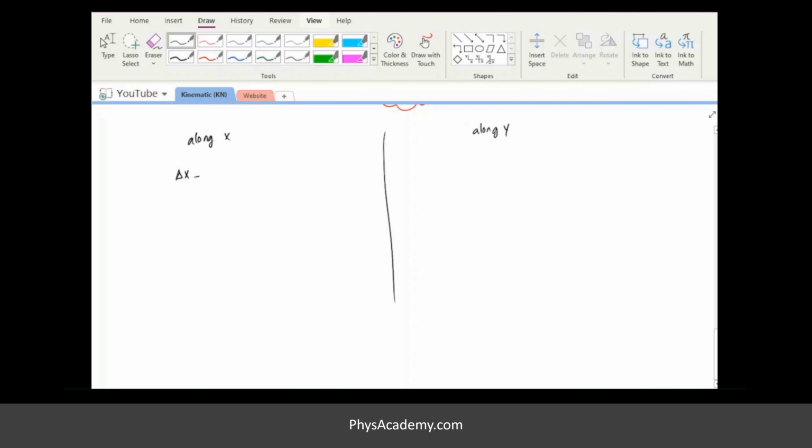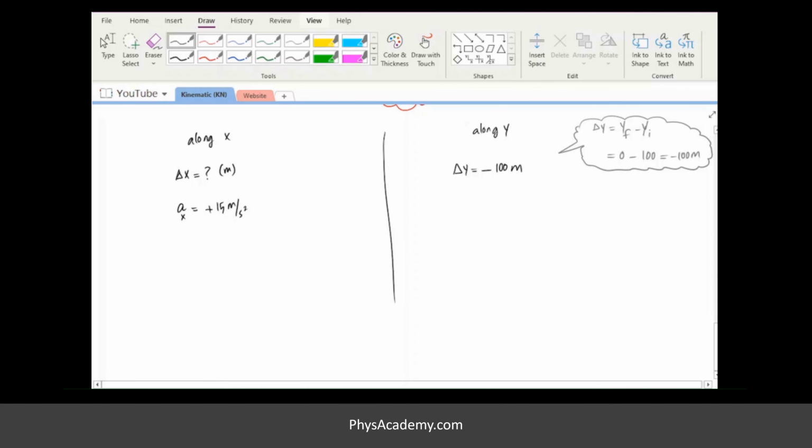Alright, starting with the delta x and delta y. And then continuing with accelerations along the x and y axis, and then initial and final velocities along the x and y axis.